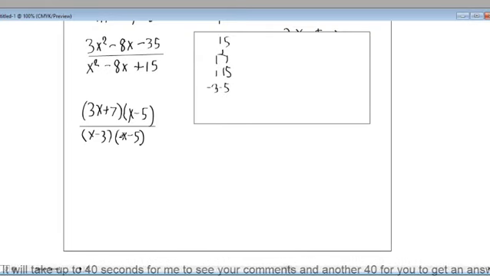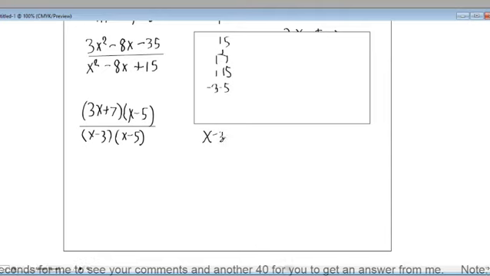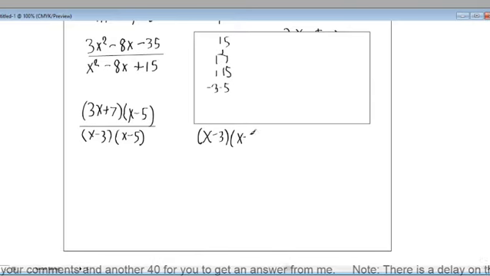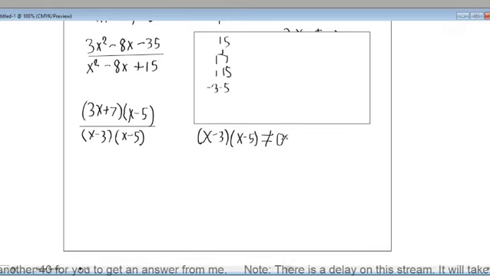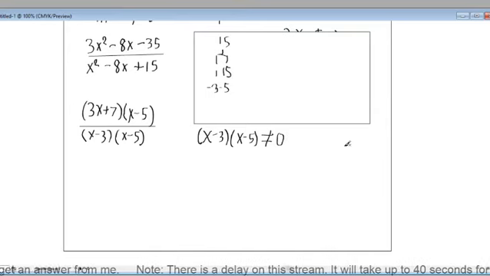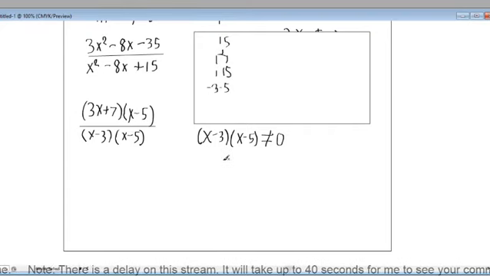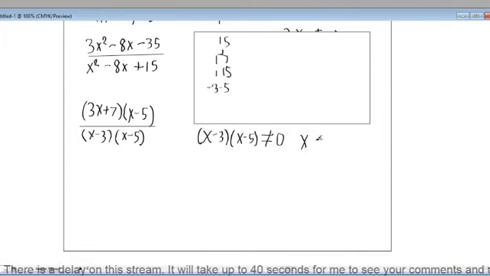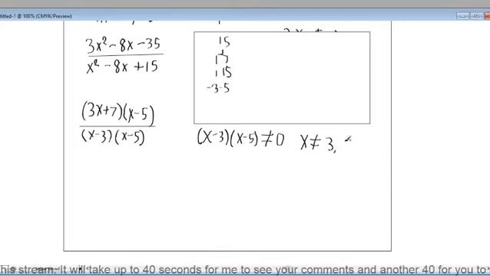So we say that this bottom part here, x minus 3 times x minus 5, cannot be equal to 0. And we now have our zero product principle again. So both of these cannot be equal to 0. And if we solve that, then we get that x cannot be equal to 3 or 5. So those are our excluded values.